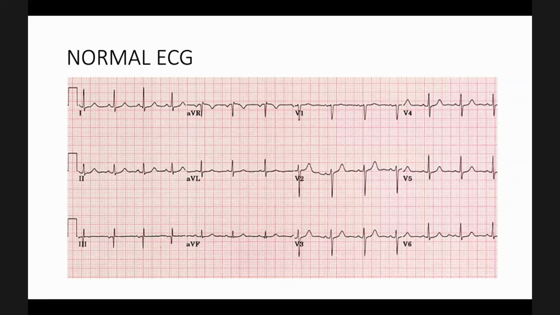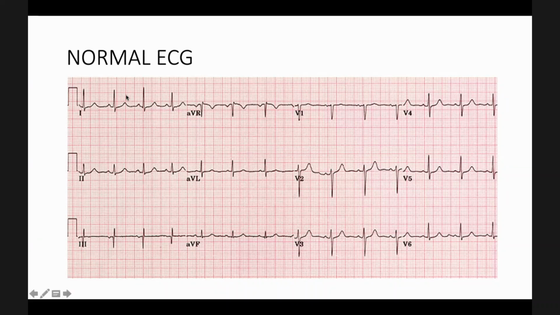If the P waves are not there, the patient is not in sinus rhythm. That is the first thing to see after taking an ECG. Then of course you look at each lead and at the P, Q, R, S, T for any abnormalities.